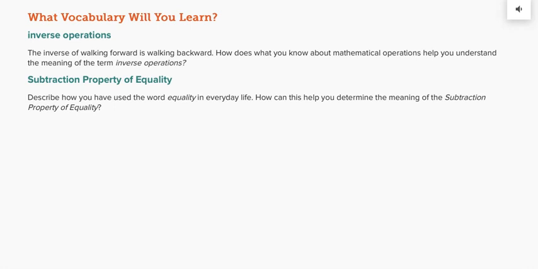Number 2, subtraction property of equality. Describe how you have used the word equality in everyday life. How can this help you determine the meaning of the subtraction property of equality?